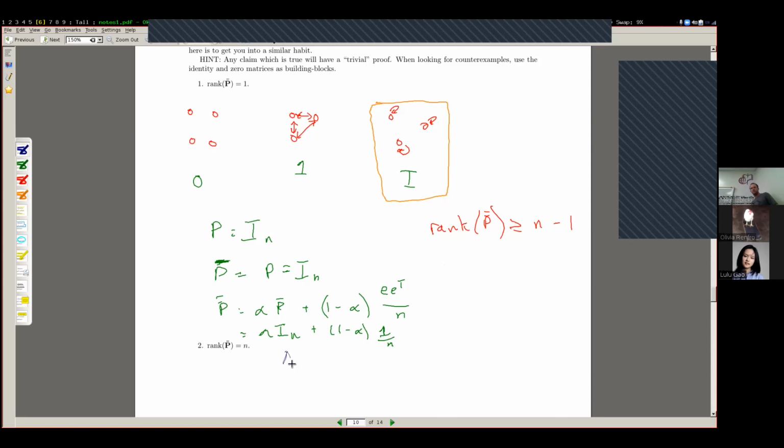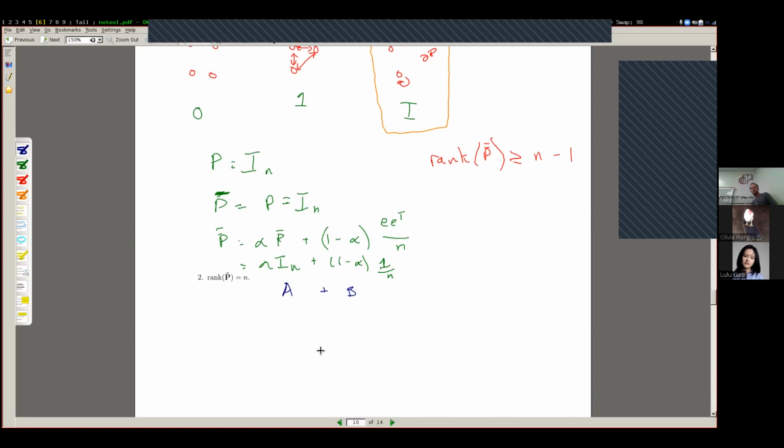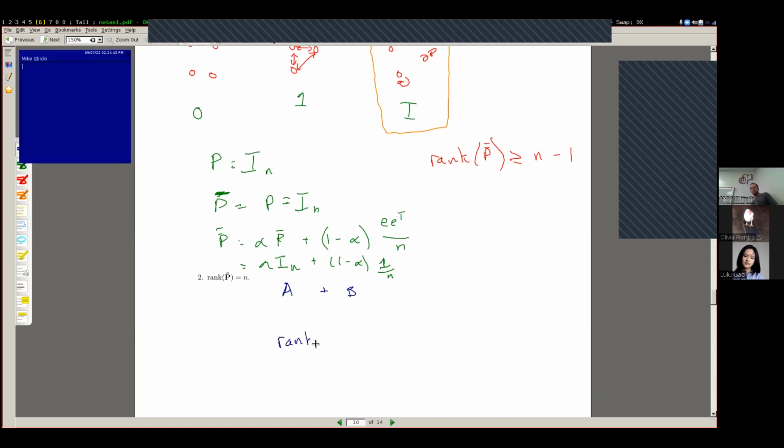So let's imagine this is two matrices, A plus B. It's just a fact that the rank of A plus B must be greater than or equal to the rank of A minus the rank of B, assuming A is the larger of the ranks. That's just a property of ranks.